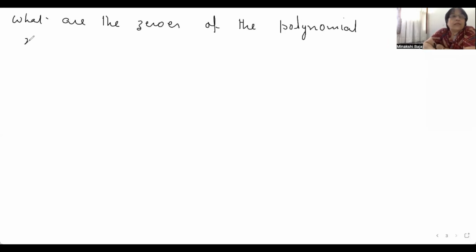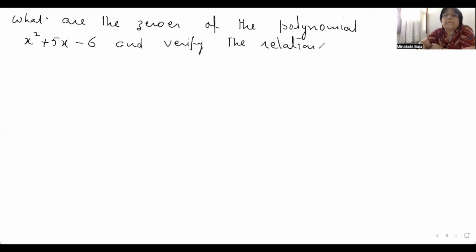Now the question is: what are the zeros of the polynomial x square plus 5x minus 6, and verify the relationship between zeros and coefficients.